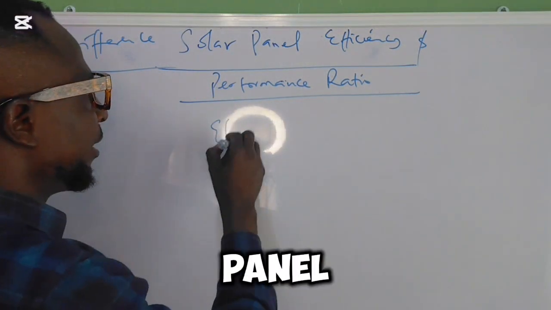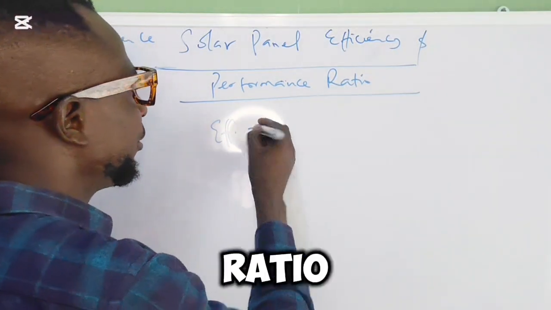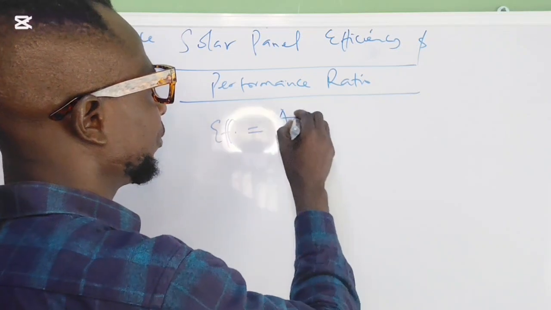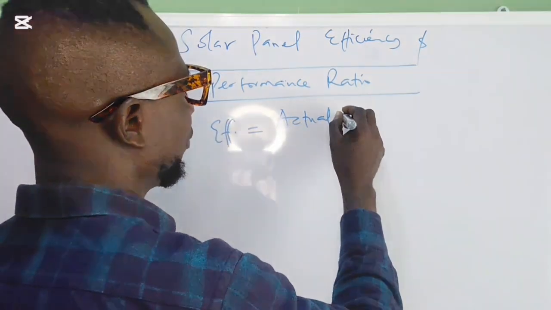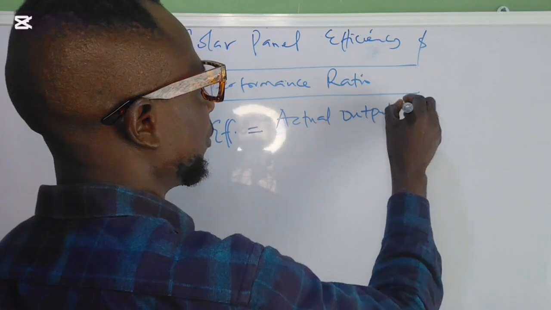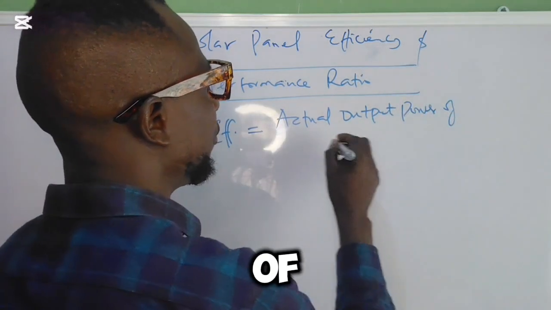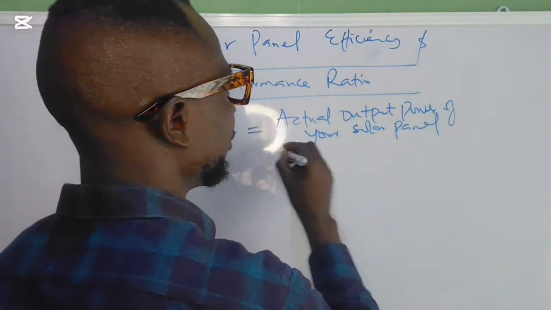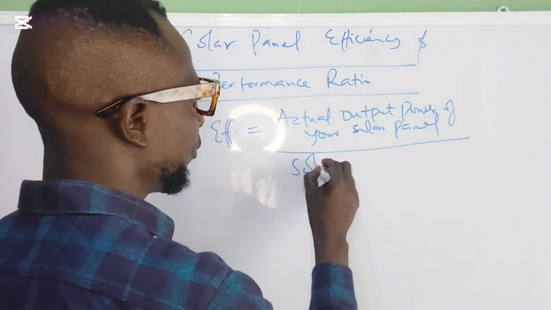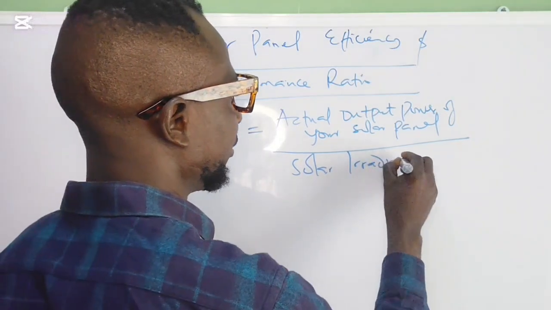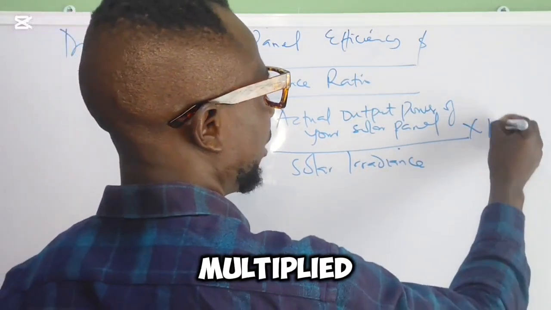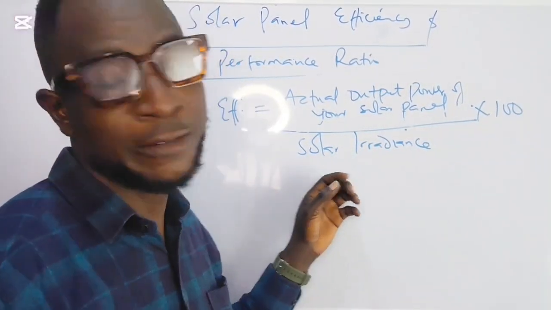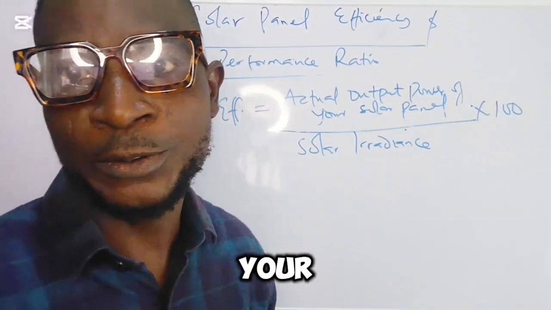Now we say the solar panel efficiency is the ratio of the actual output power of your solar panel to the solar irradiance, multiplied by what? 100. So this is the formula for calculating the efficiency of your solar panel.